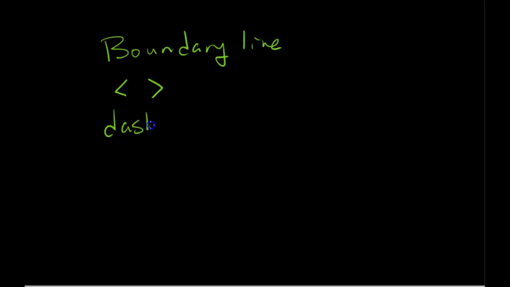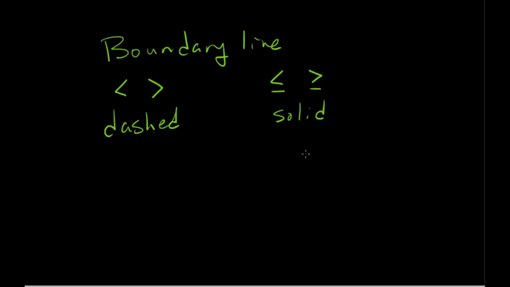First and foremost, we need to talk about the lines themselves, sometimes referred to as a boundary line. If the inequality is either less than or greater than, we use a dashed line. If it is less than or equal to or greater than or equal to, we use a solid line when we graph.